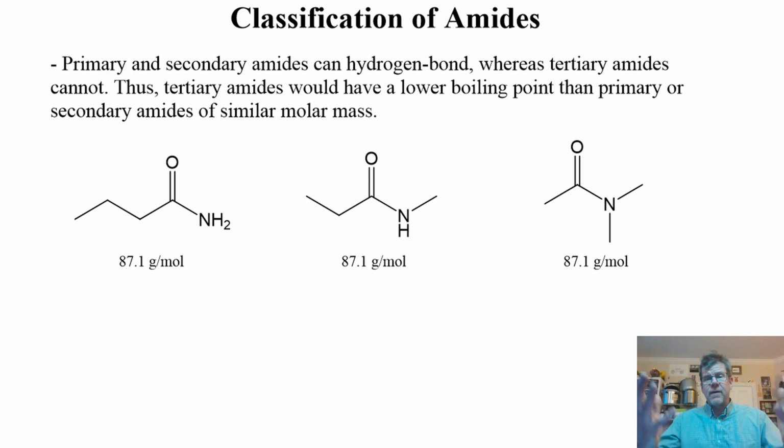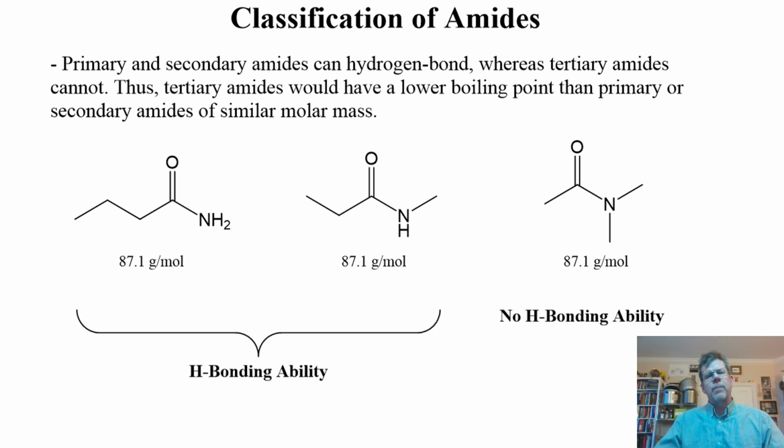Here I have three amides put together. They are constitutional isomers of one another, so they have identical molar masses. Let's try and deconstruct these a little bit and get a better understanding. So we know our primary and secondary amides, the one on the left and the middle one, have hydrogen bonding ability because they have NHs, whereas the tertiary one has no H bonding ability.